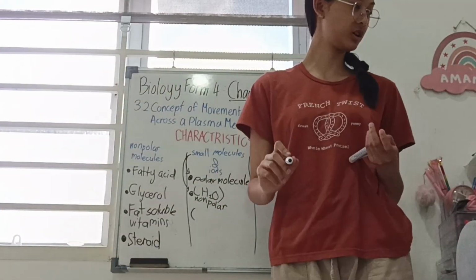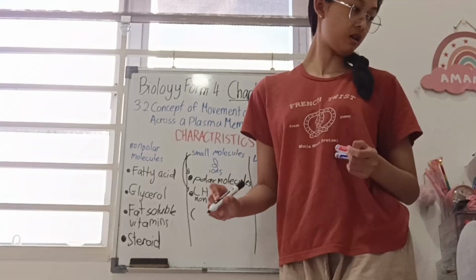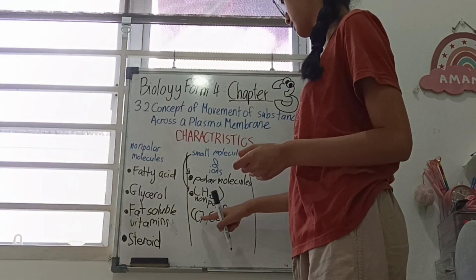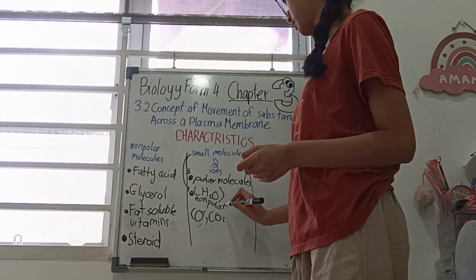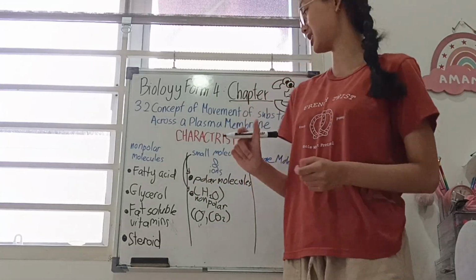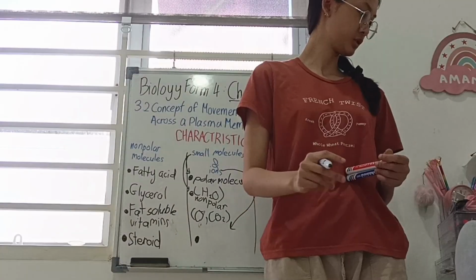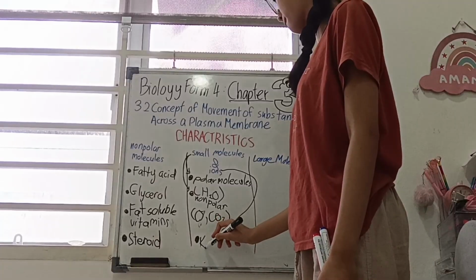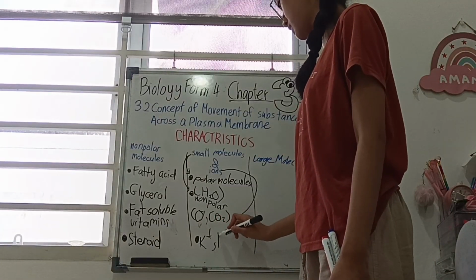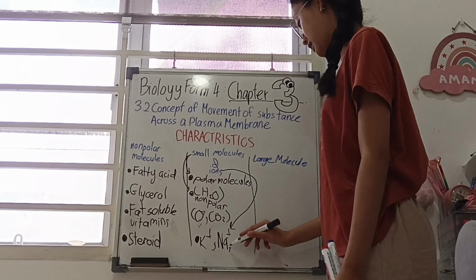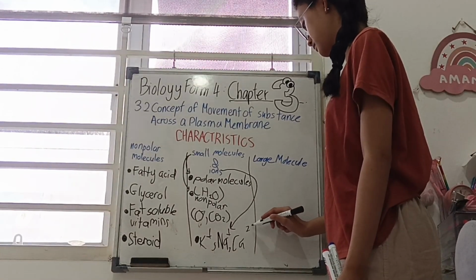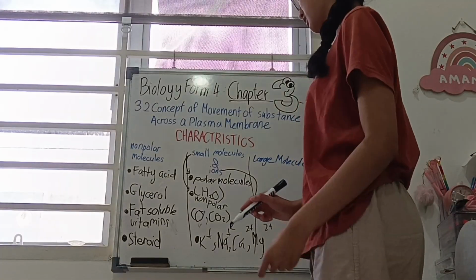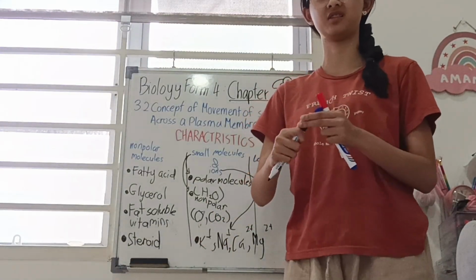Examples of non-polar are oxygen and carbon dioxide. And lastly is ions. Examples of ions are potassium, sodium, calcium, magnesium. Those are ions we learned in chemistry.